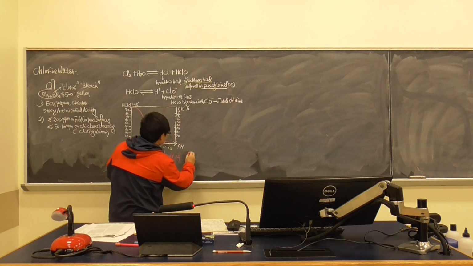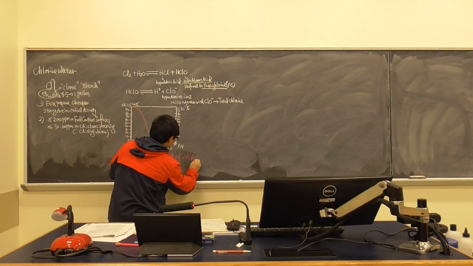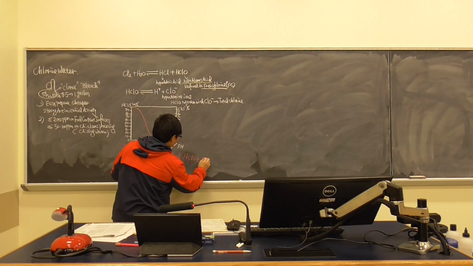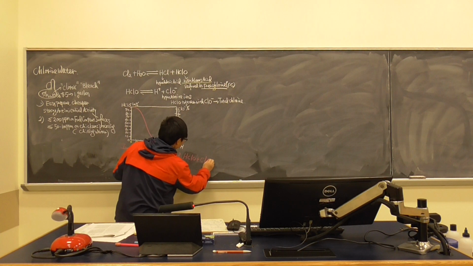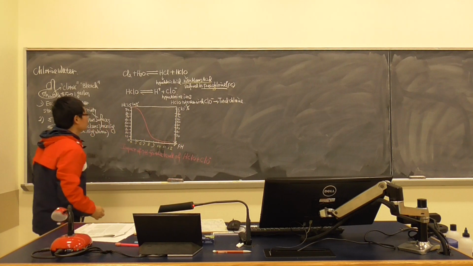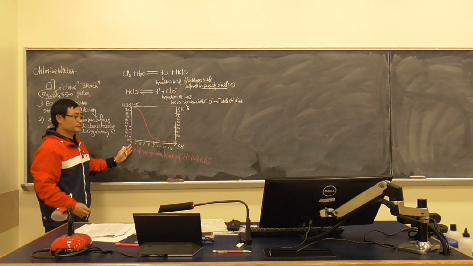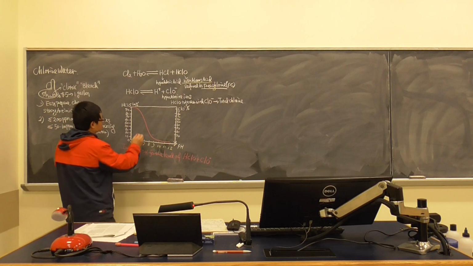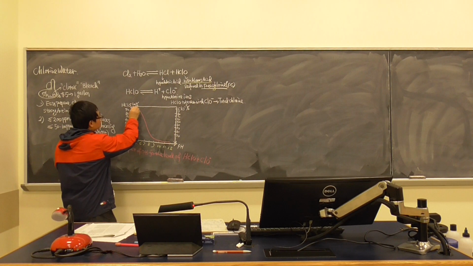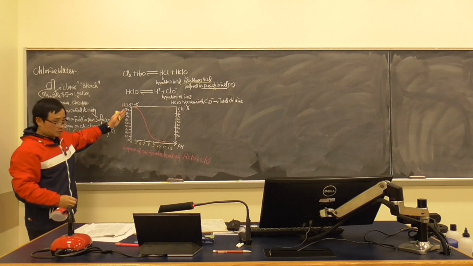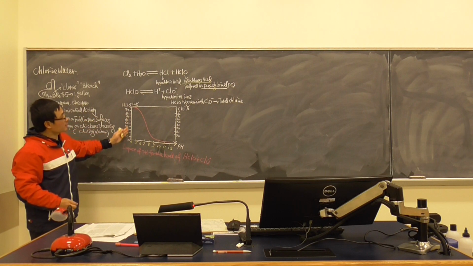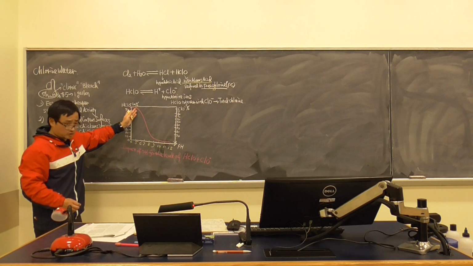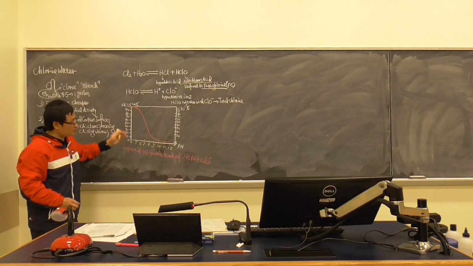So HClO and ClO ions. You see here, at 4 and 5, accurately should be like 5 or 6, the hypochlorous acid, which is free chlorine, is at the highest level, at least 90%.